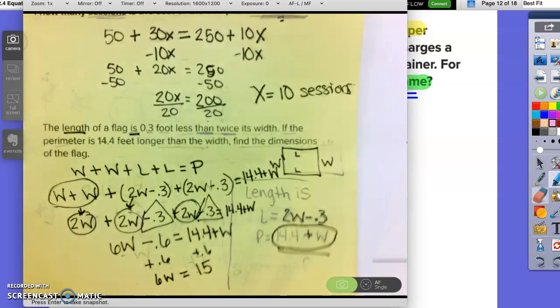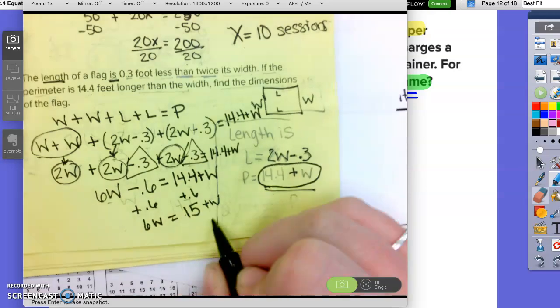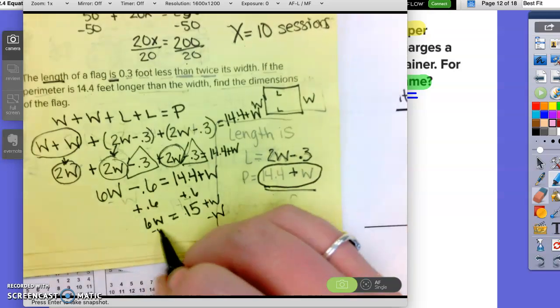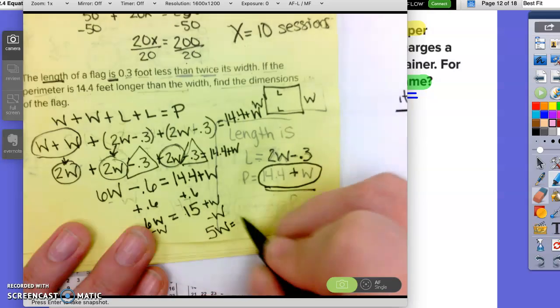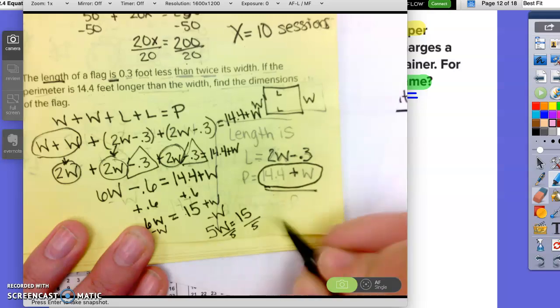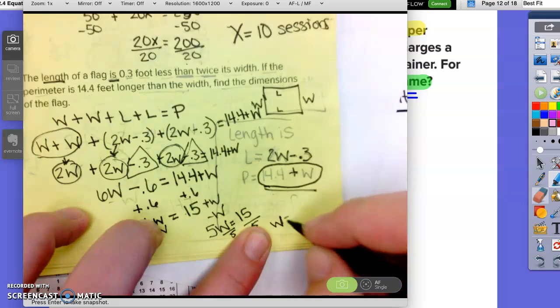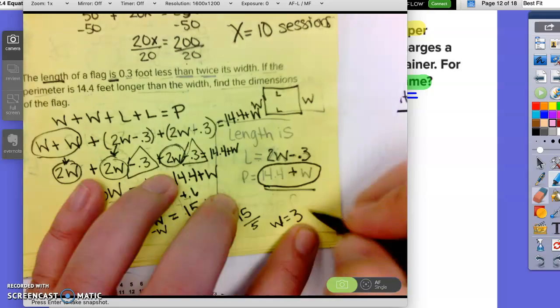And then I need to add this W. I need to subtract this W from this side. So I get 5W equals 15. Divide by 5, divide by 5. W equals 3. So the width is 3 feet.